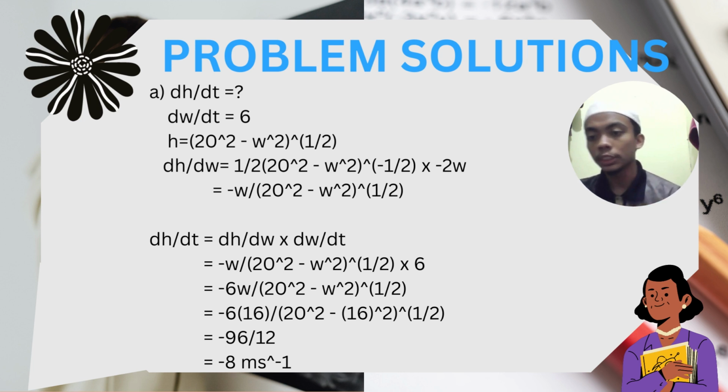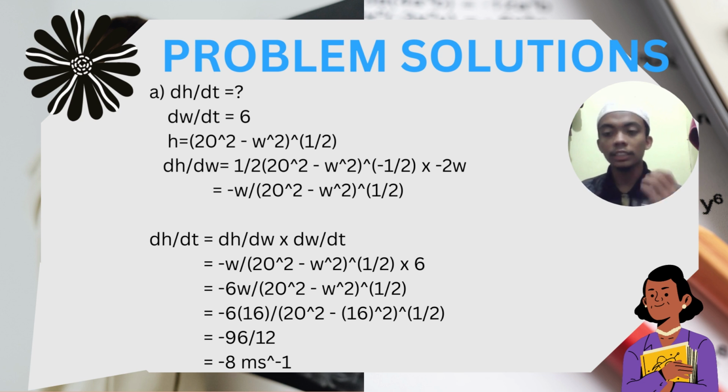When we replace them, we get negative 6w over (20^2 - w^2)^(1/2). Next we enter the value of w, which in the question is 60.